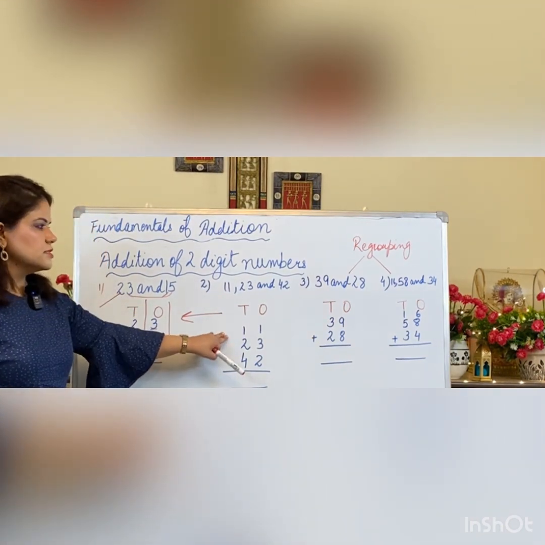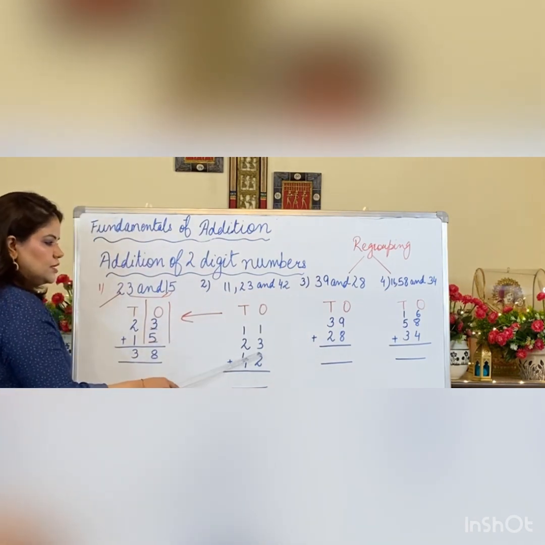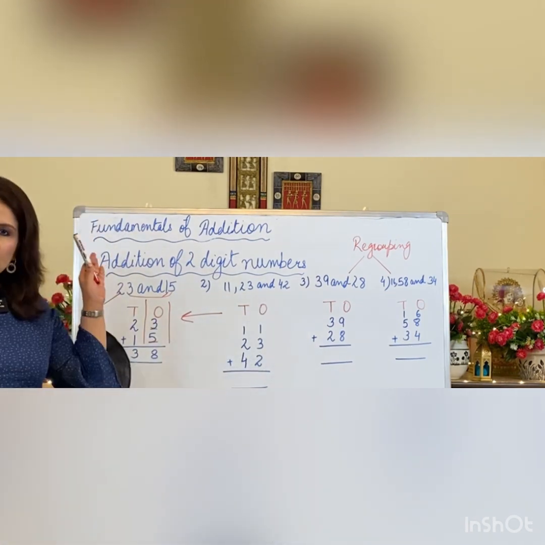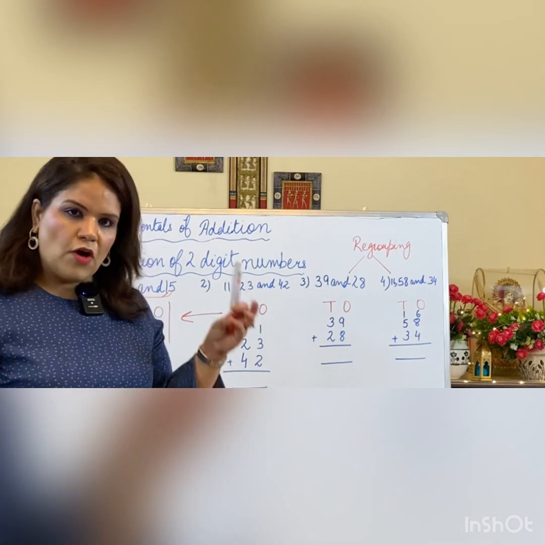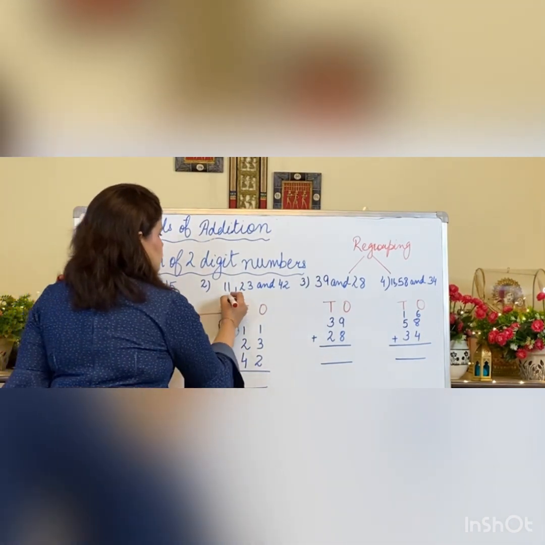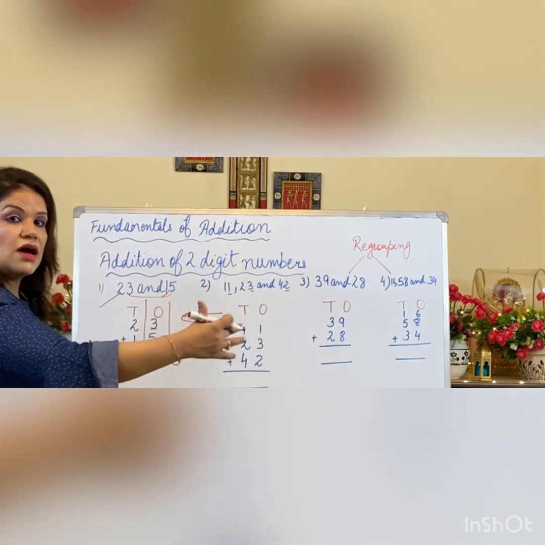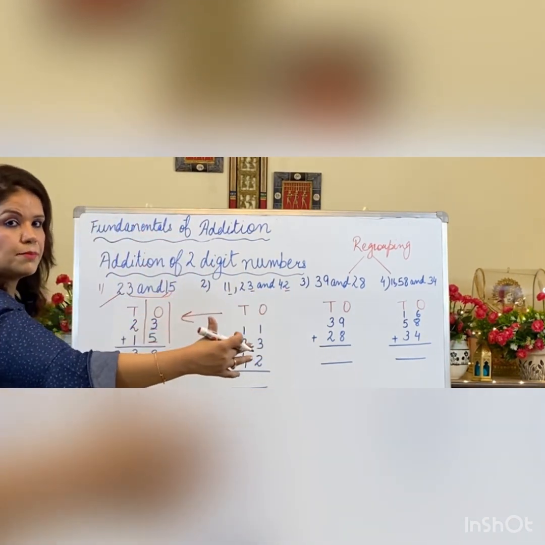Now in this case, we have 3 numbers: 11, 23 and 42. In all these 3 numbers, the digits on my right side are always the ones place numbers.